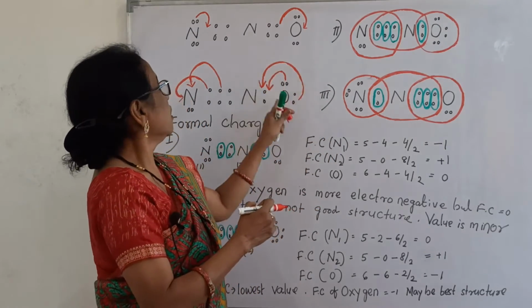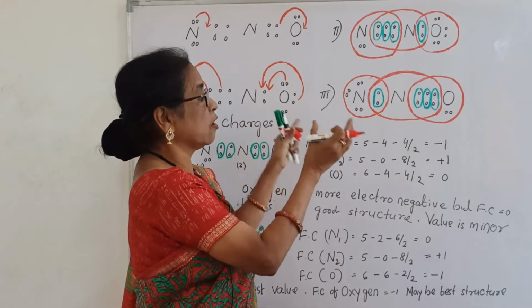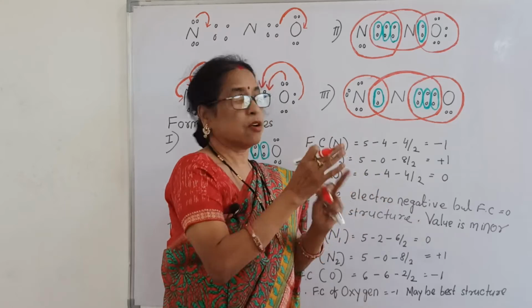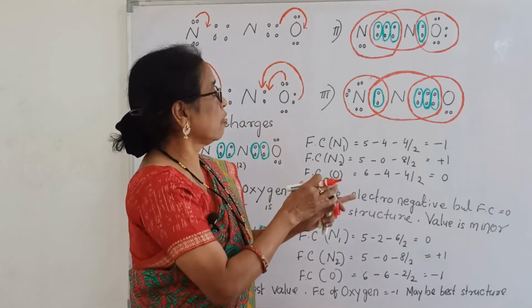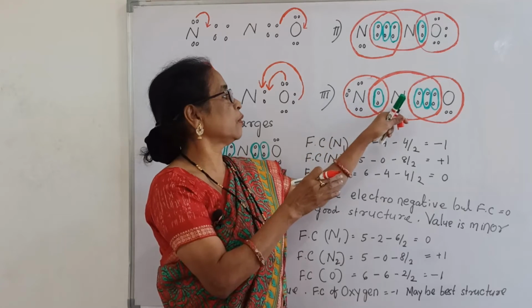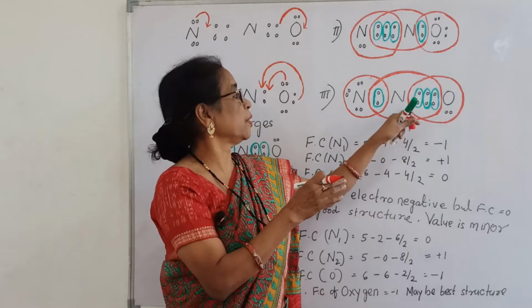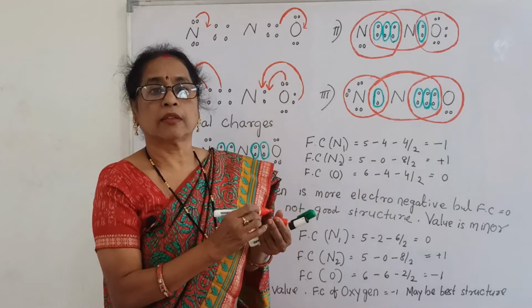Since two non-bonding pairs are transferred between nitrogen and oxygen, three pairs of bonding electrons form: one chemical bond between nitrogen and nitrogen and three bonds between nitrogen and oxygen. This is the third structure.